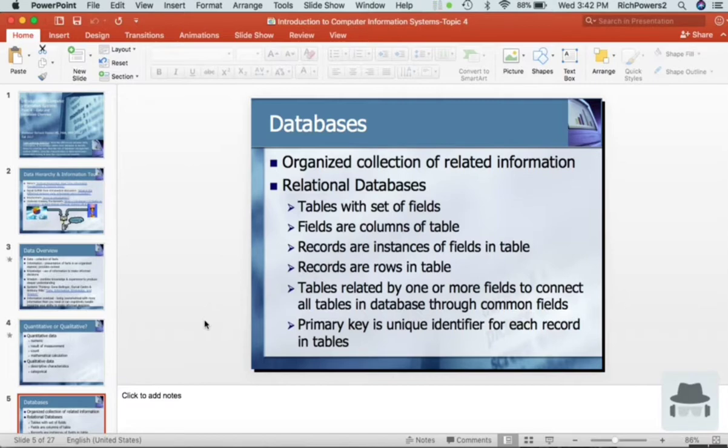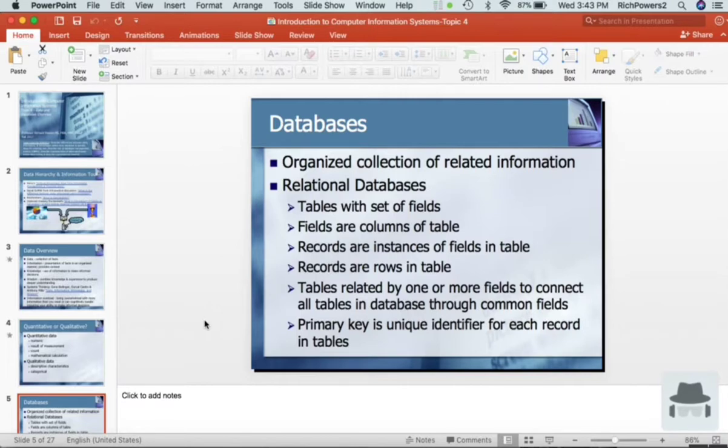The volume of data is usually represented in the rows, not necessarily in the columns. The columns are more specific types of data. The idea is that everything in a column is of a particular type. If you say a column is an address, then everything you find in that column is an address.